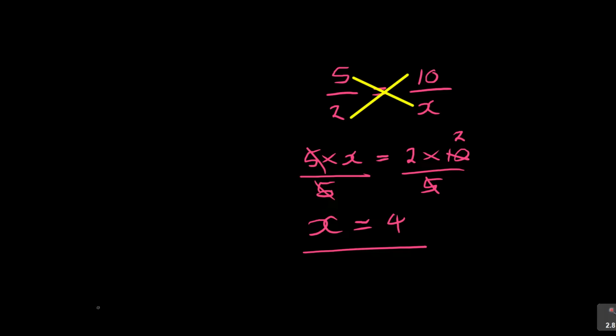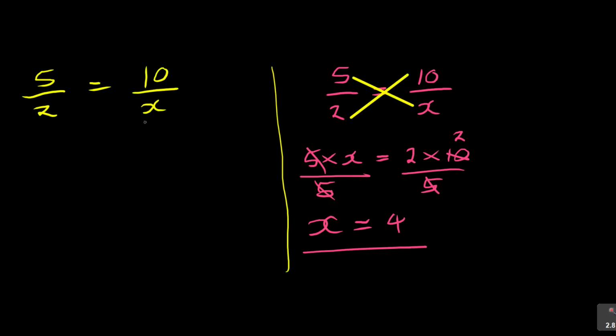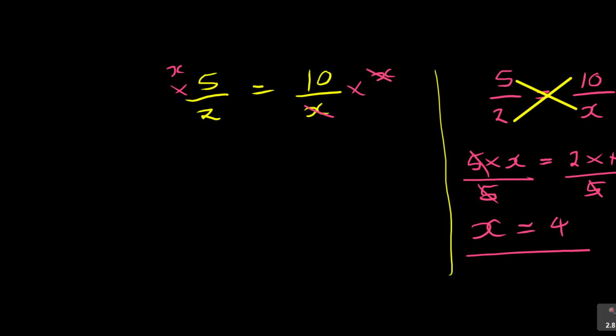Another way, which is this, is 5 over 2 is equal to 10 over x. What you can do, you can multiply everything by x so that the x goes up. There is the x. So what do you have? 5x, 5 times x, still over 2, don't forget, is equal to 10.